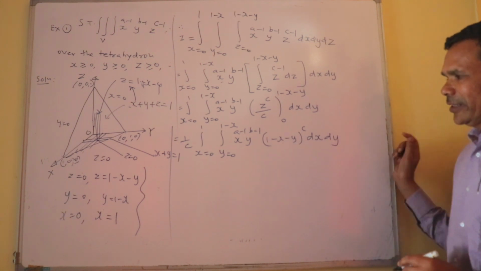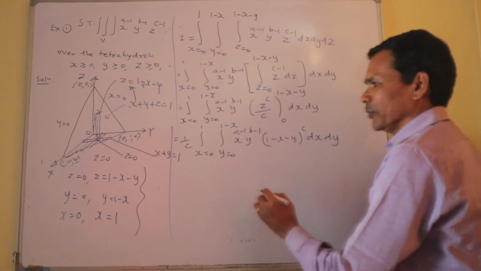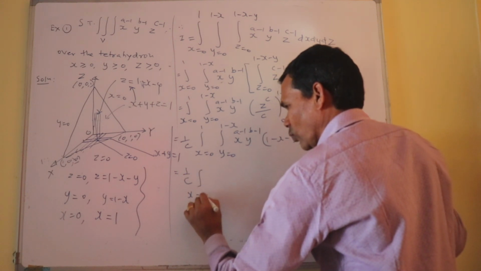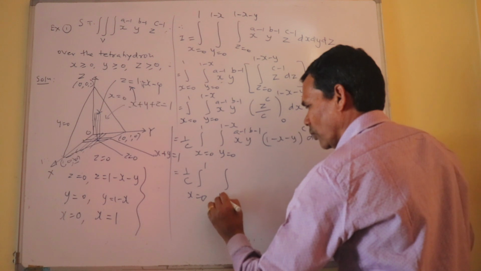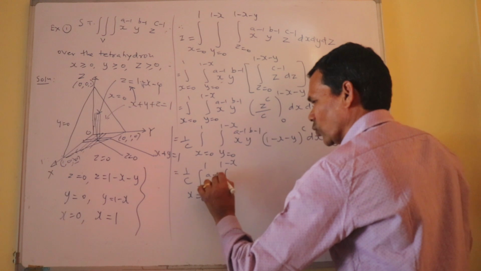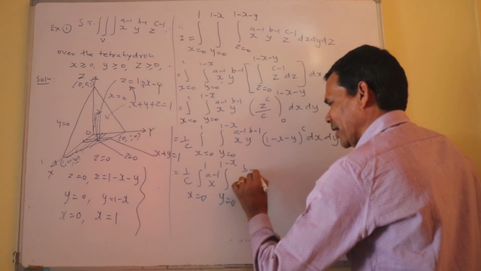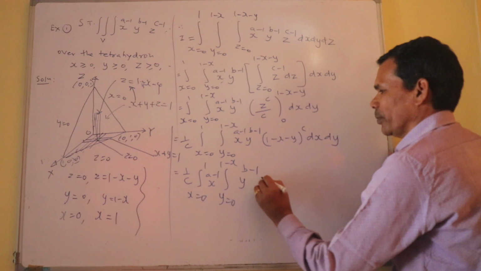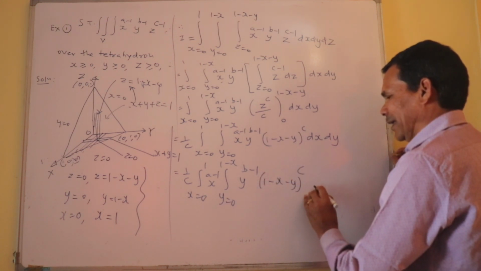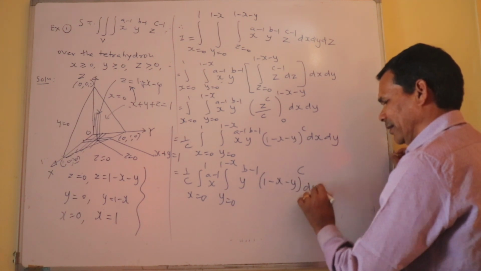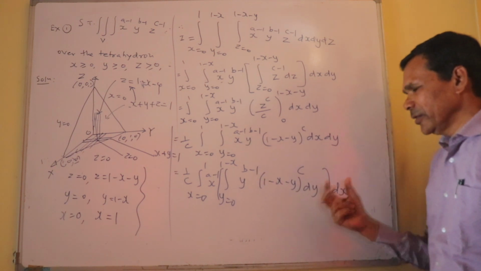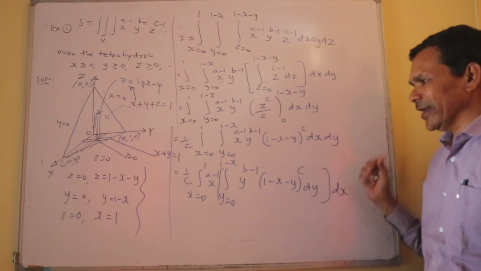So we evaluate this now with respect to y. So this is equal to 1 upon c, x from 0 to 1, y from 0 to 1 minus x. I take x raised to a minus 1 outside. So y raised to b minus 1, (1 minus x minus y) raised to c into dy, and then with respect to x finally. So I need to integrate this with respect to y, keeping x as a constant.